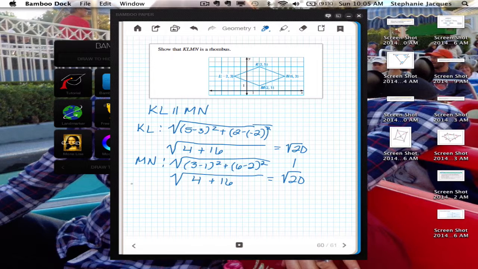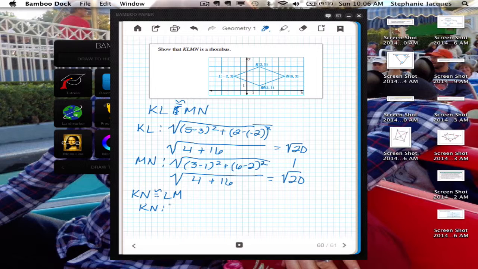Let's prove the others. I'm sorry, I didn't mean to write that. I meant to write congruent, not parallel. I want to prove that KN is congruent to LM. So first I'll do KN, and it doesn't matter the order you do them in.